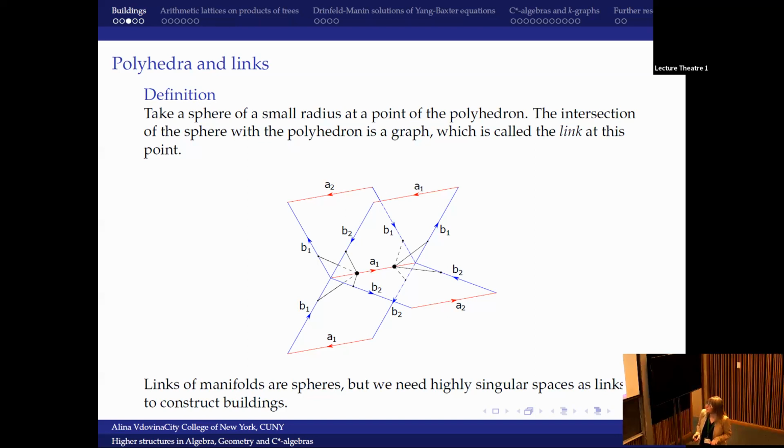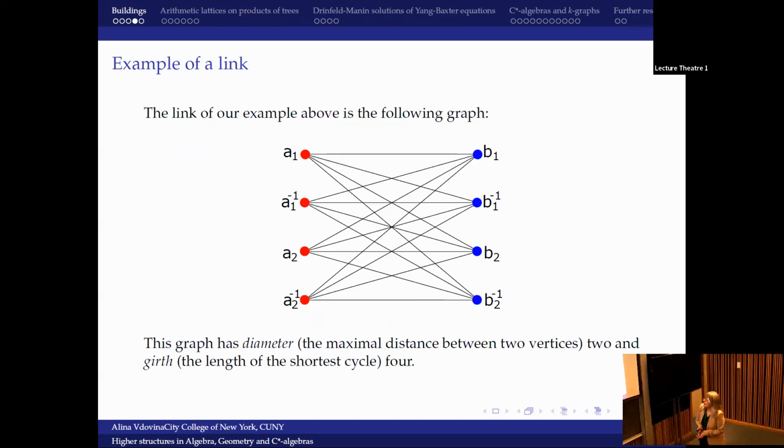Okay, I hope that, yeah, I will not put it as an exercise, right? I could say that, okay, let's take the example on my first slide, and what is the link? So actually, if you glue those 4 squares together, then you get a complex with 1 vertex.